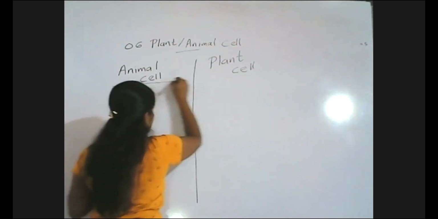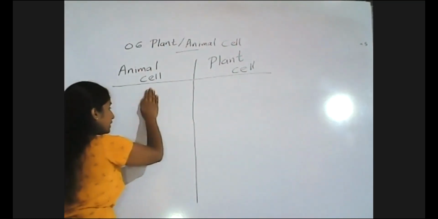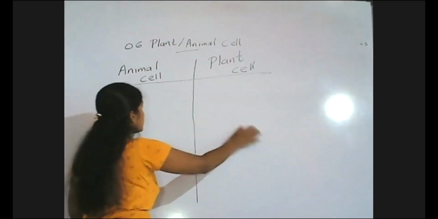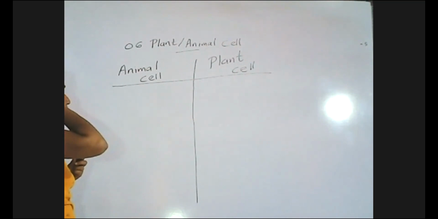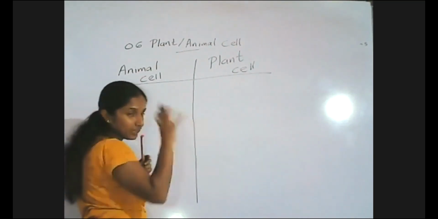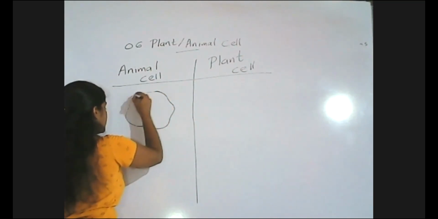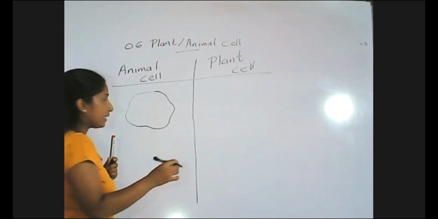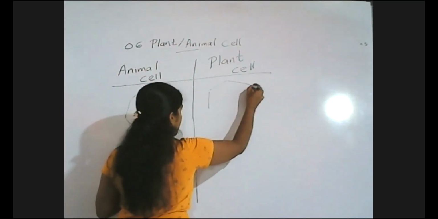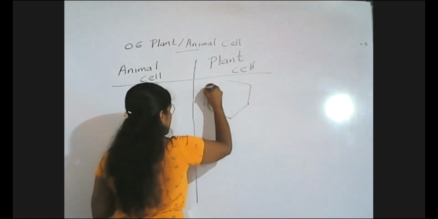By drawing the figure, you can make a comparison of the animal cell and plant cell. I am drawing only the rough sketch. In the animal cell, the outer layer is the cell membrane, but when we consider the plant cell, the outer covering is the cell wall.